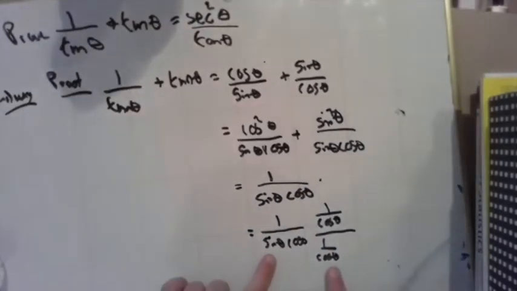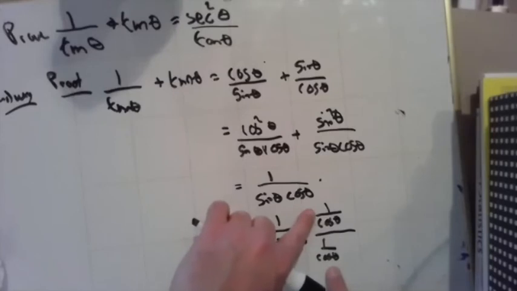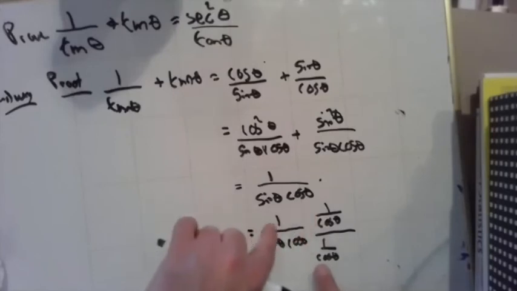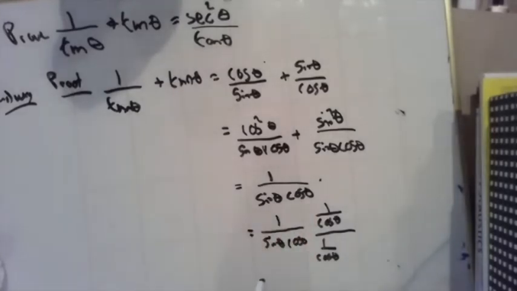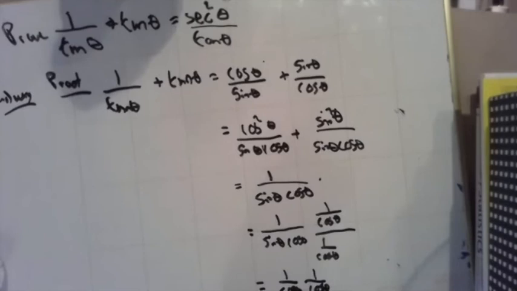See, then I can squish these two together, sine over cosine, there's my tangent. 1 over cosine is a secant, and this is another 1 over cosine. So I could rewrite this, everything is where it needs to be. I've got a 1 over cosine, another 1 over cosine, and that's all over sine over cosine.